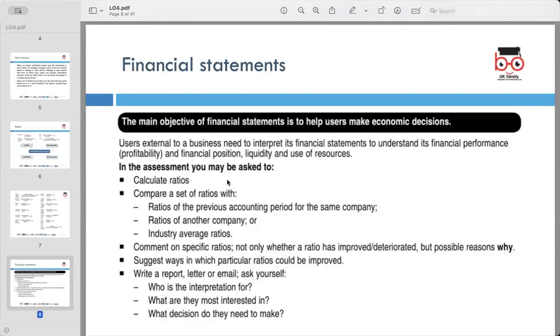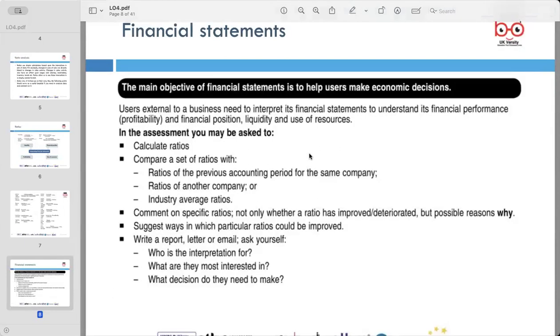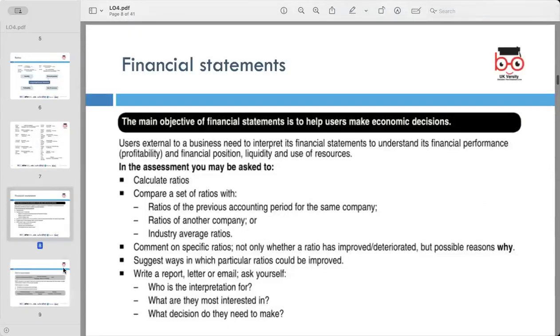Okay, so next is financial statements, objectives of financial statements and interpretation guidelines. The primary objective of financial statements is to assist users, both internal and external, in making informed economic decisions.